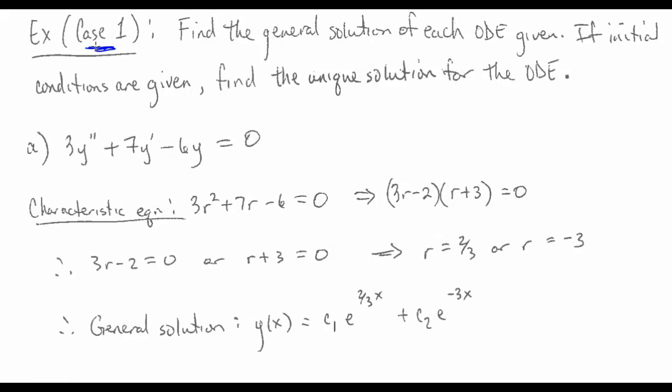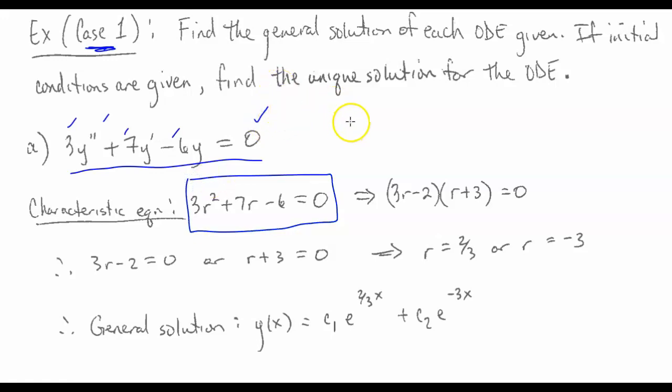Okay. So we see for this particular differential equation, pretty straightforward. All of the coefficients are constants. It follows the format of the second order linear. It's homogeneous because equals 0. So we know automatically from that this is a second order linear homogeneous equation. We put together our characteristic equation.